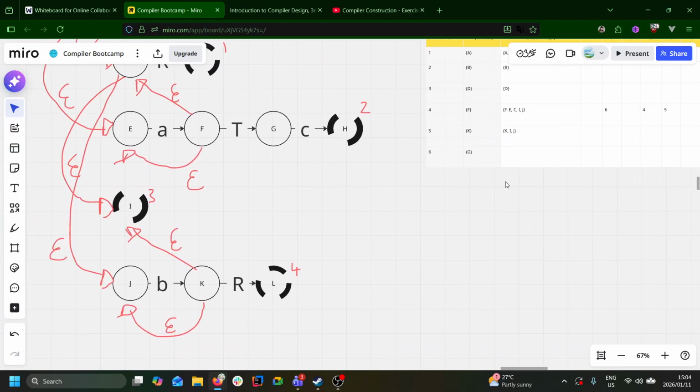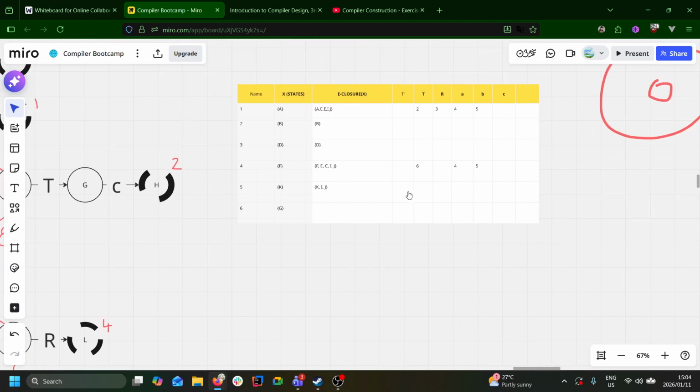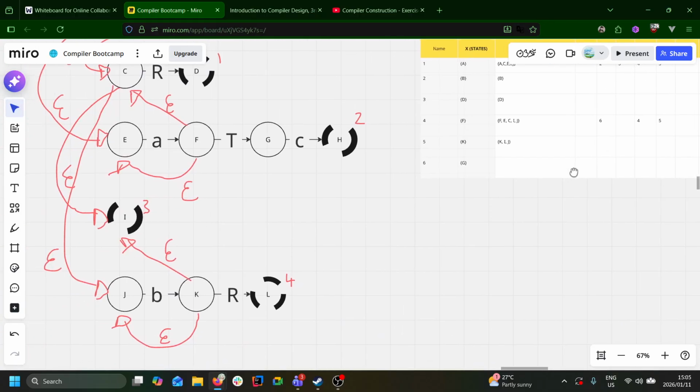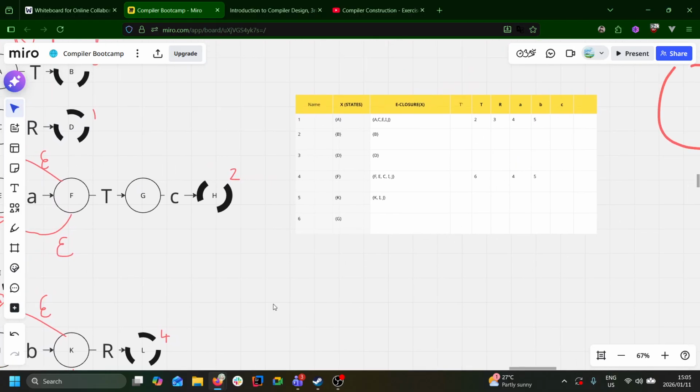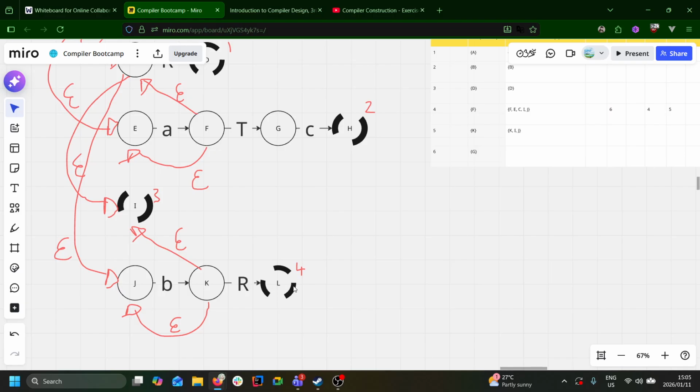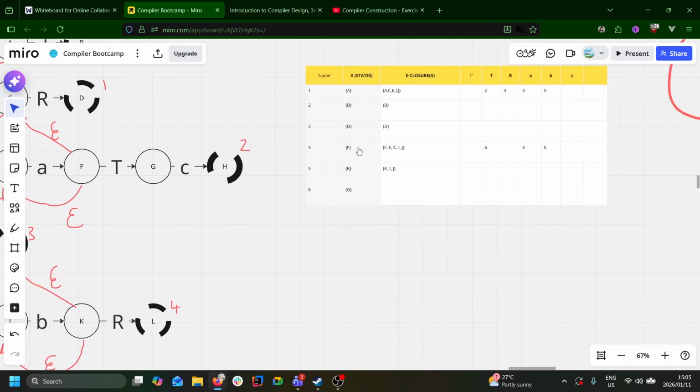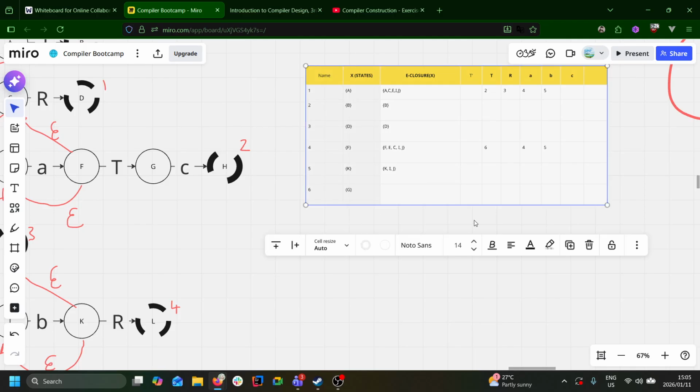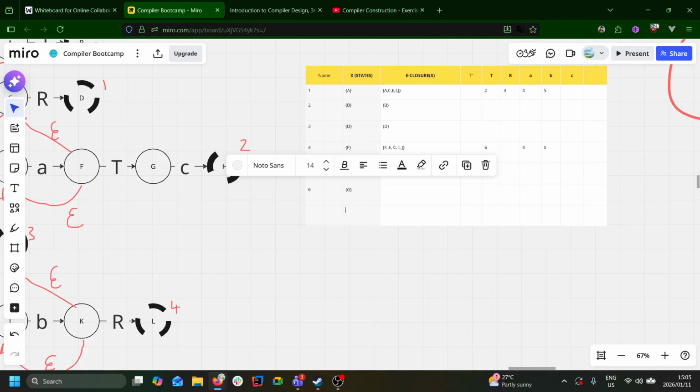Is there any transition? As you can tell from these three, the only transitions we have are for B and R. We don't have T prime, we don't have T, and we have R, and R takes us to L over here. There's no L over here, so what we're going to do is just add another one, L.